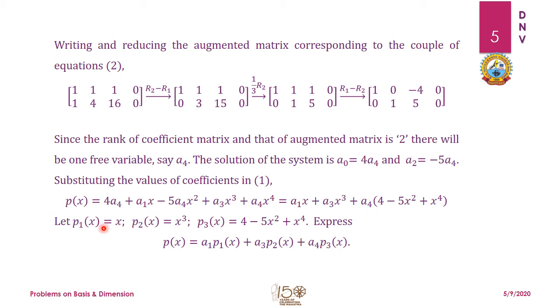Similarly, p2 cannot be represented in terms of p1 and p3, and p3 cannot be represented in terms of p2 and p1. So we can say that no combination of these three expressions can give me the 0 on the side. So in that case, all a1, a3 and a4 will have to be 0.